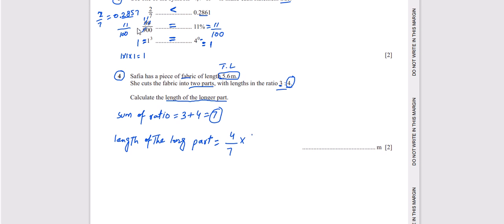Total length is 5.6. So first of all, 4 multiplied by 5.6 divided by 7, that is equal to 3.2 meters. So the final answer is 3.2.